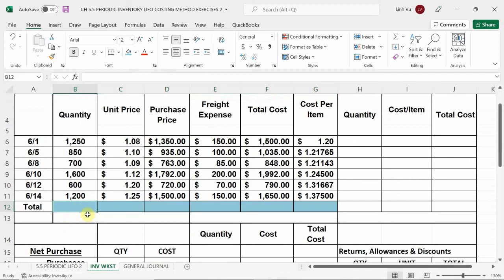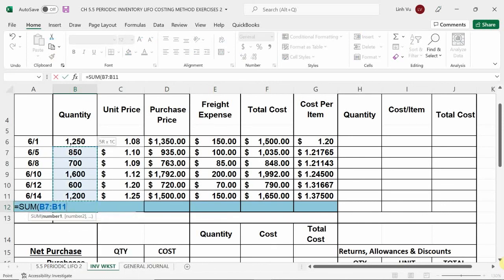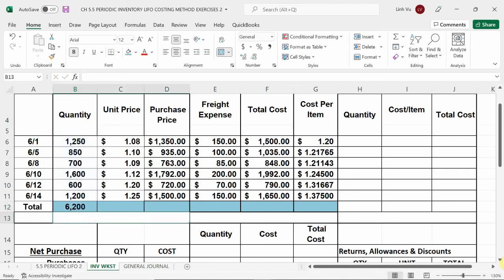In this case, what was the total amount of items that I purchased? $6,200.